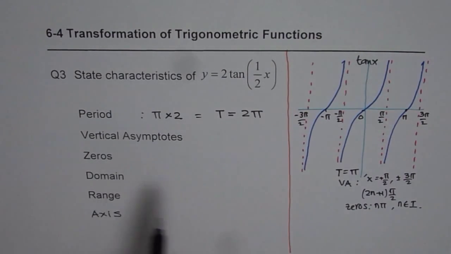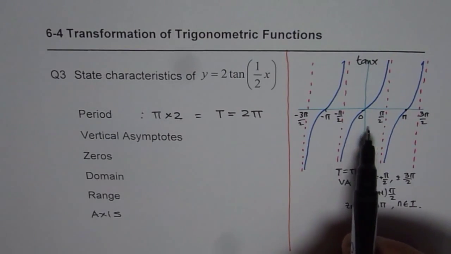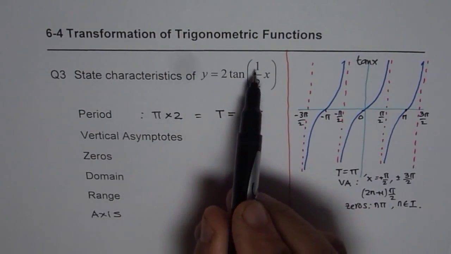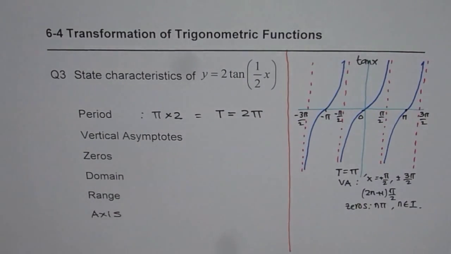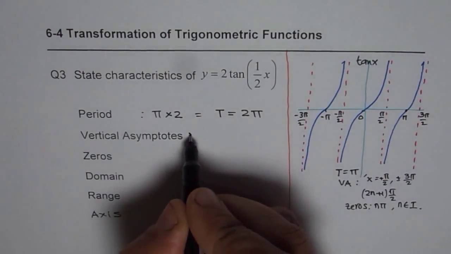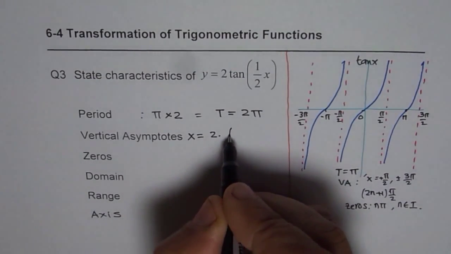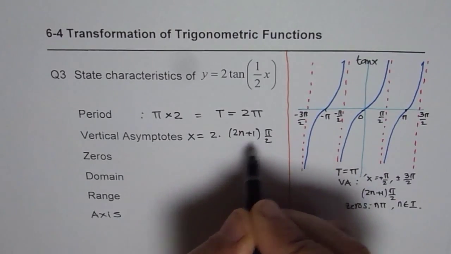Vertical asymptotes. So we have a general expression for vertical asymptotes here. Vertical asymptotes for tan x will be at plus minus pi by 2, plus minus 3 pi by 2. But since horizontally it is stretched by a factor of 2, vertical asymptotes will be at x equals 2 times 2n plus 1 times pi by 2. Do you see?